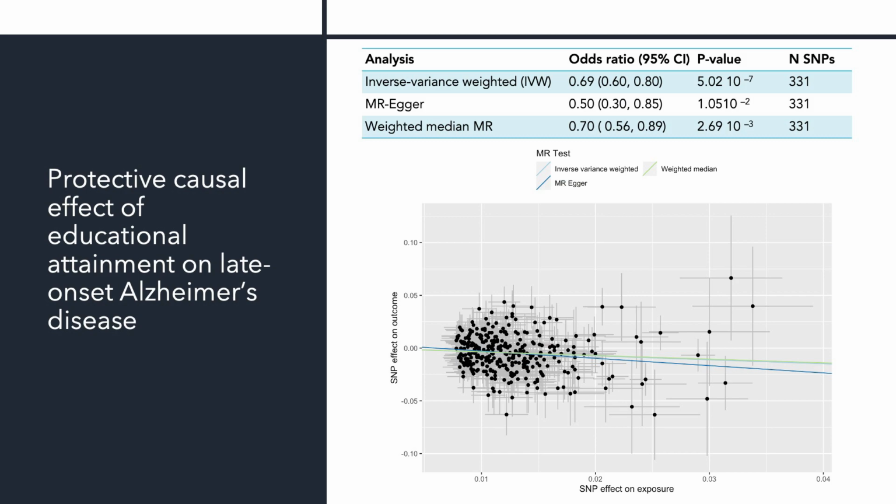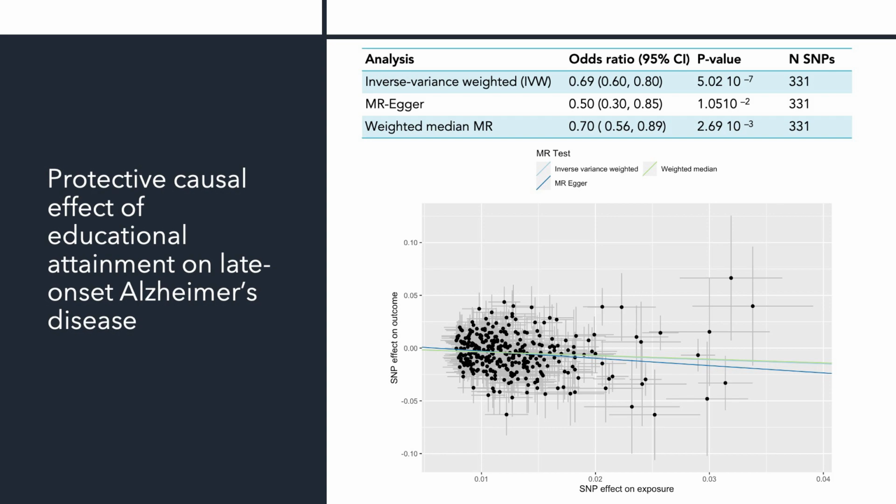And you can plot this kind of a graph. So here in your study, what you do is you plot, so these dots are genetic variants that we're confident are associated with our exposure, which is educational attainment. And over towards the right are plotted genetic variants that tend to make you stay longer in education.